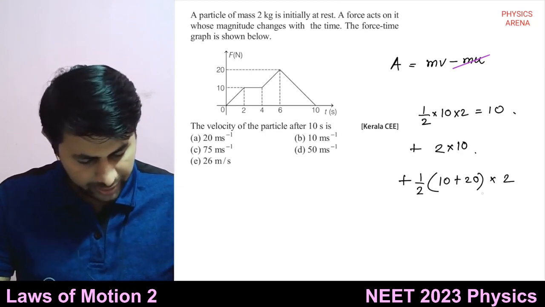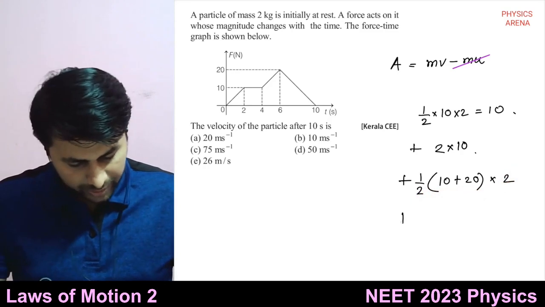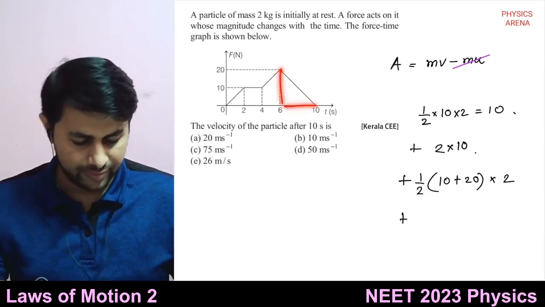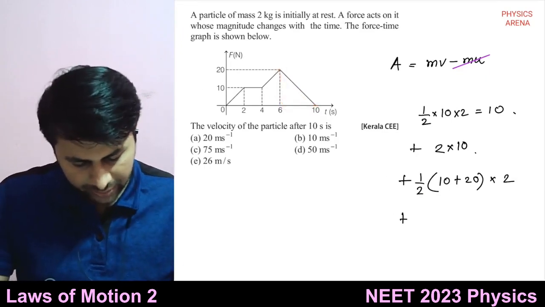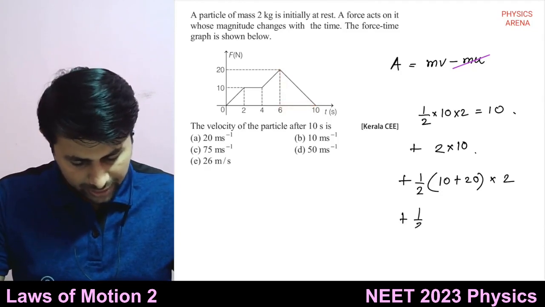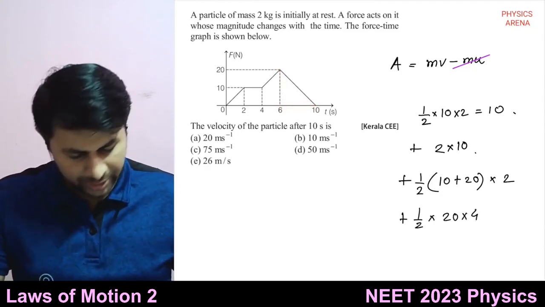So this is 30, and the 2 and 2 get cancelled. So this thing is 30 plus this area, half of base times height. So half of 20 multiplied by 4, which is 10 minus 6. So how much is the total?